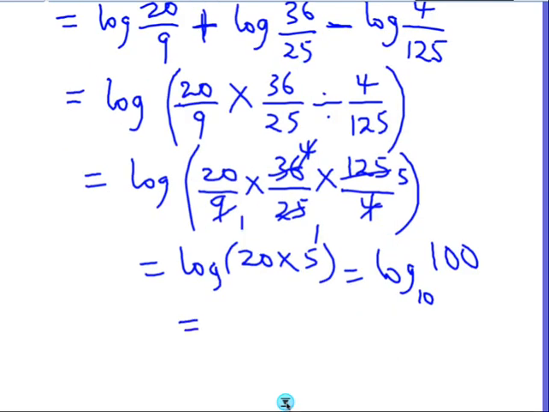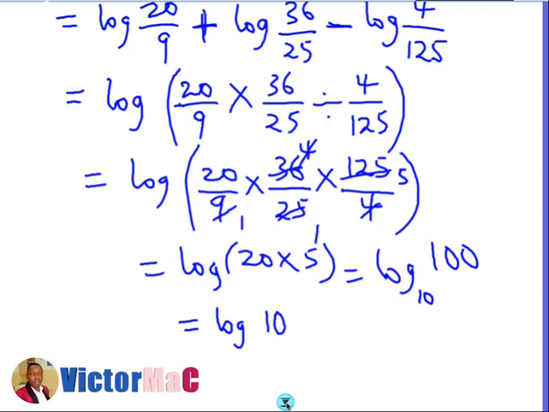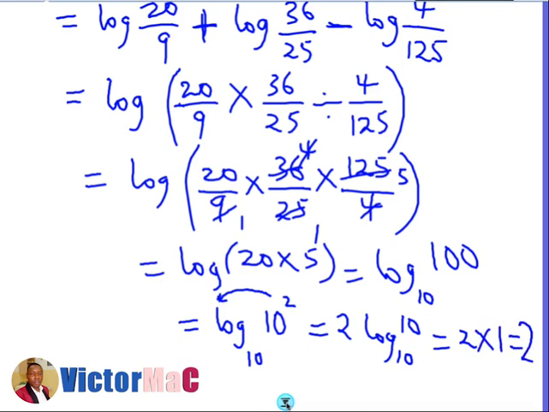Another way I can write my 100 in terms of a particular power of 10 is 10 raised to power 2, so to base 10. Also applying the transfer of power, the 2 can come forward as a coefficient, so we have 2 times log 10 base 10, and then this is the law of the same base, so we're still having 2 times 1, and then the final answer is 2.